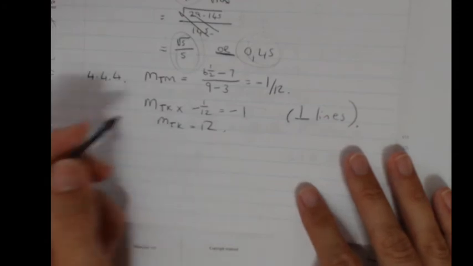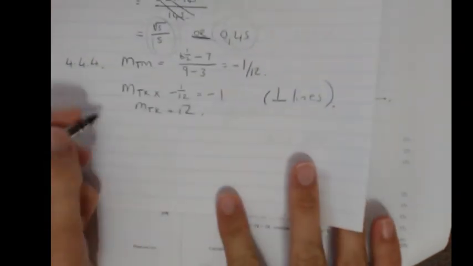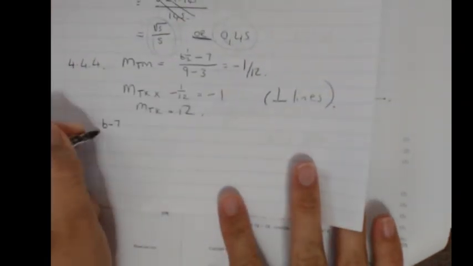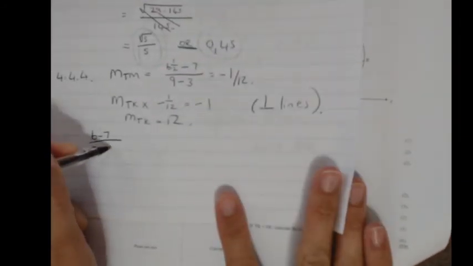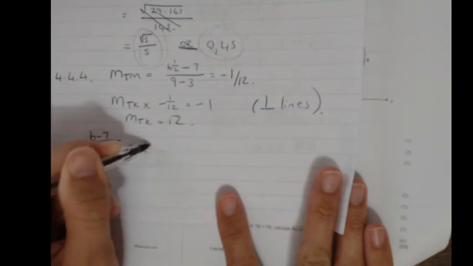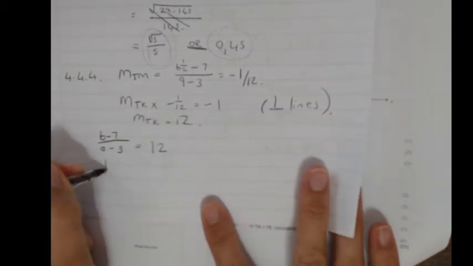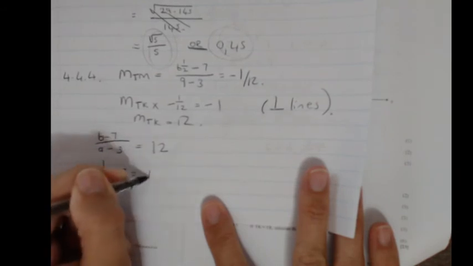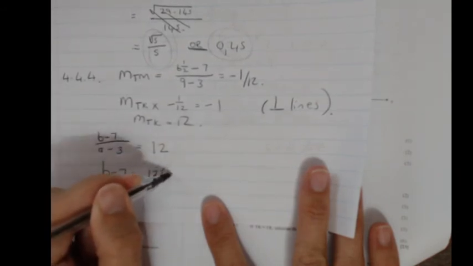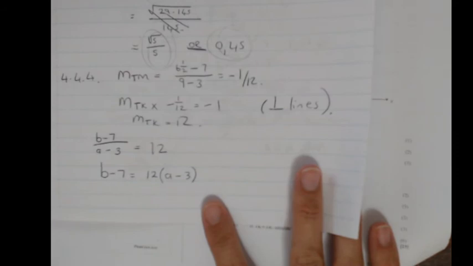The gradient of TK is also equal to the difference in y, which is b minus 7, over the difference in x, a minus 3, and that is equal to 12. And then let's multiply this to the other side. So I have b minus 7 is equal to 12 times a minus 3.